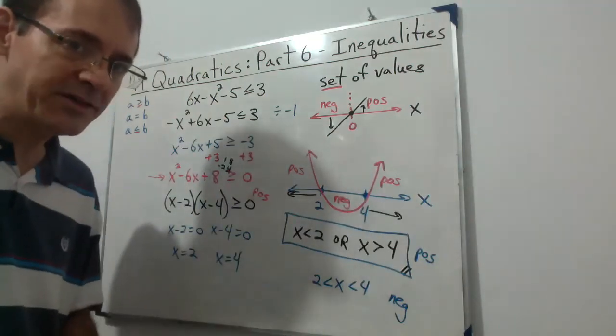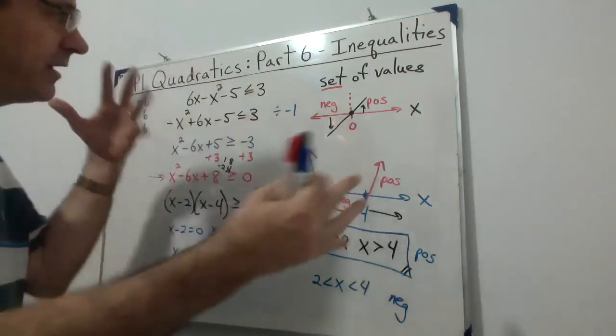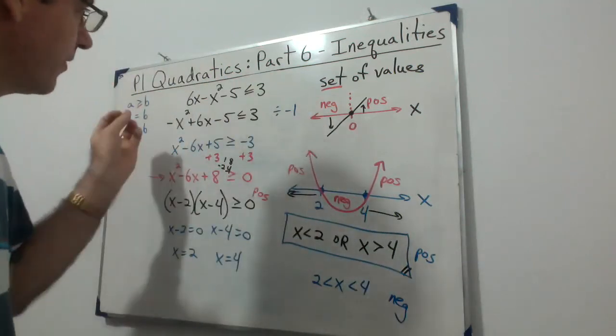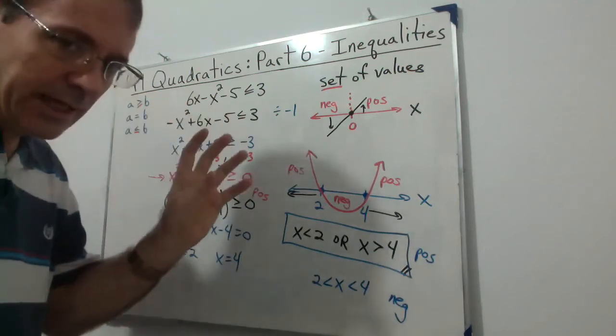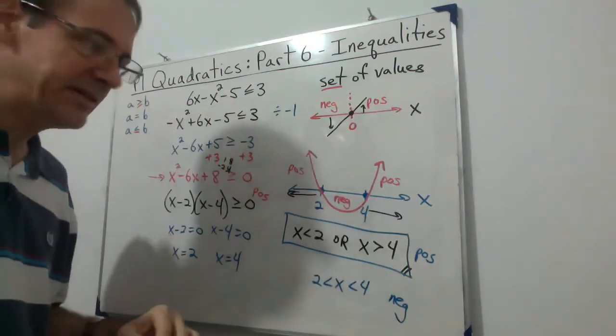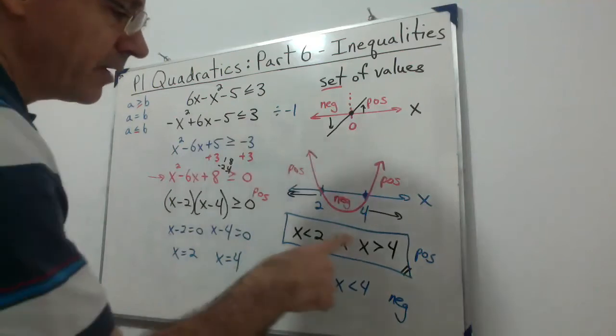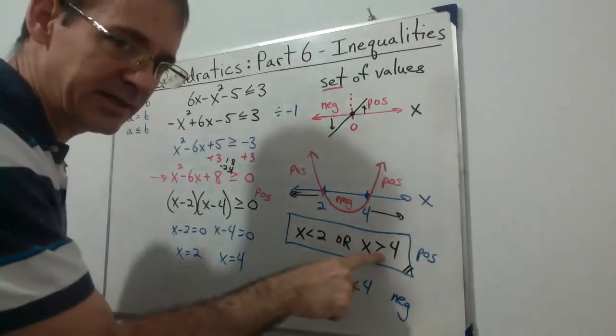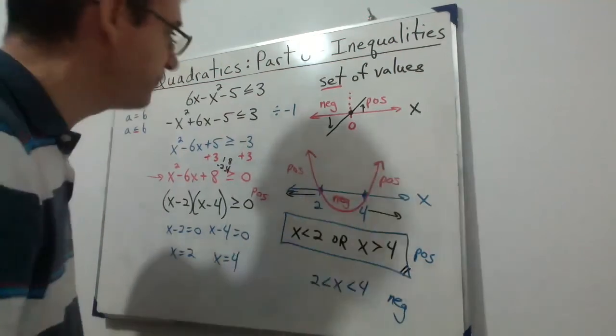If you still haven't quite grasped all of this positive and negative stuff, you can plug in a value, x greater than 4. Well, we can't take 4 because it doesn't have the equal. So let's take 5.